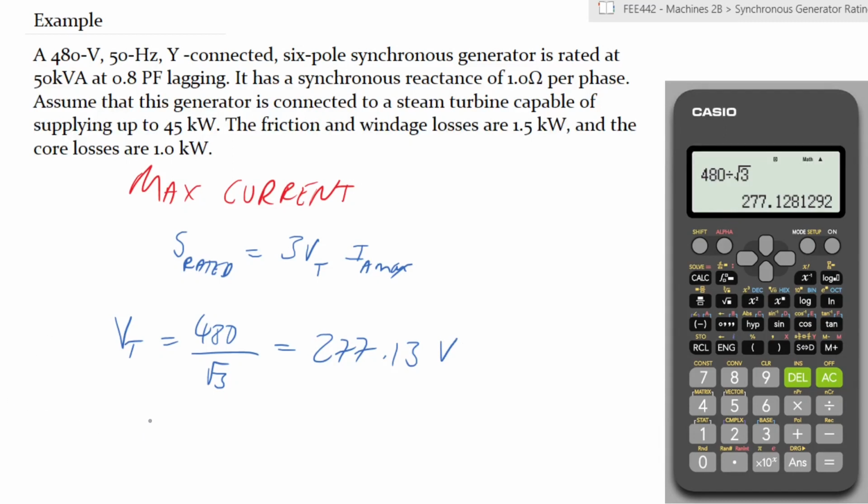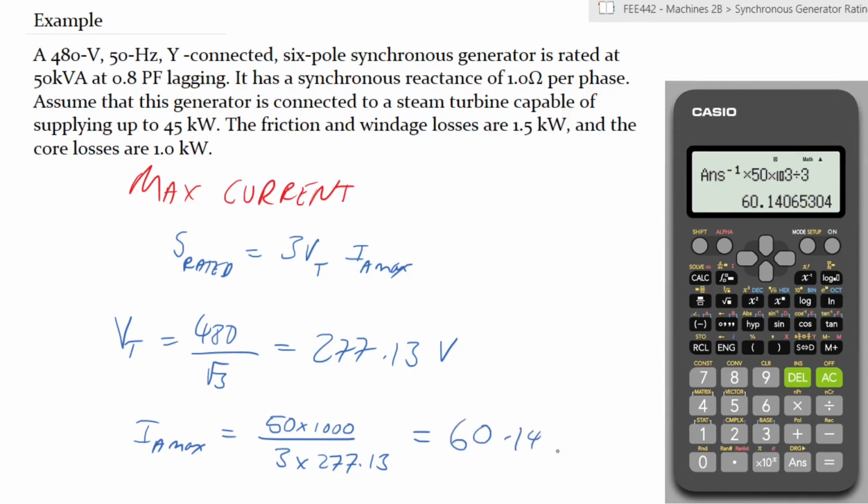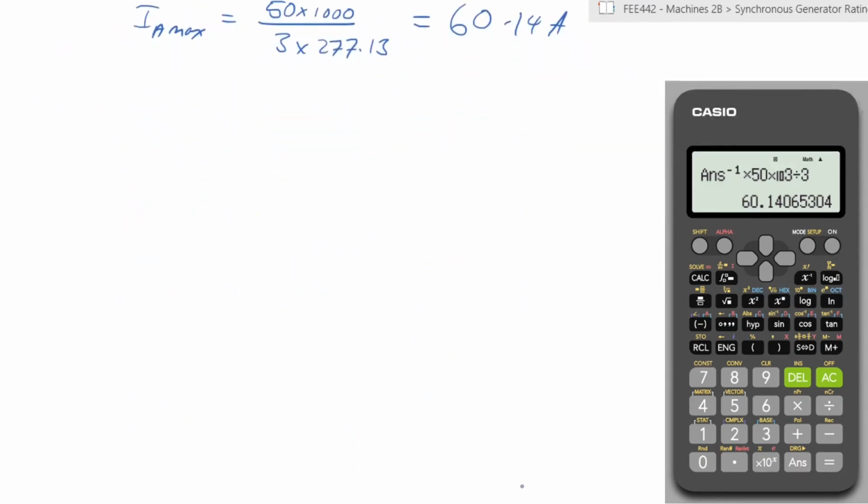Therefore, the maximum current IA max is equal to the rated kVA, which is 50 times 1,000, because it's kVA, divided by 3 times 277.13, which is 60.14 amperes. So that's our maximum stator current, right?